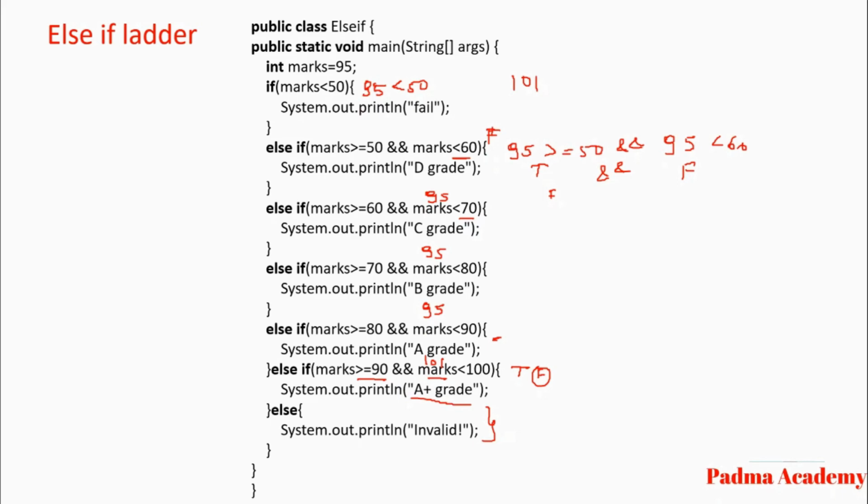Then the else part will be executed and it will print invalid. The else part would be executed if marks is 101, but our marks is 95, so it will print A plus grade.